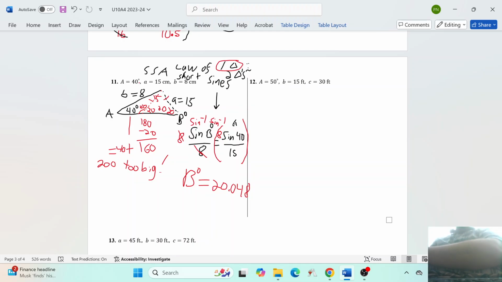So then we just need to find, so angle B is 20.04 degrees, or 20 degrees. Then we can find angle C next by doing 180 minus 20 and minus 40.